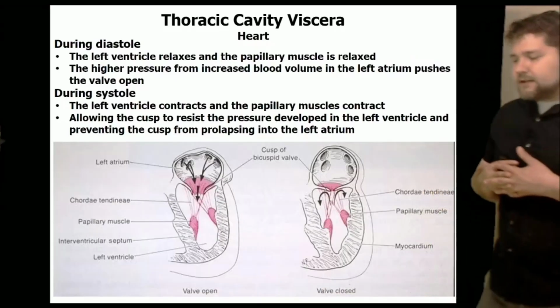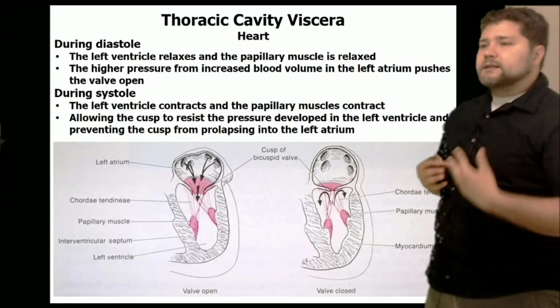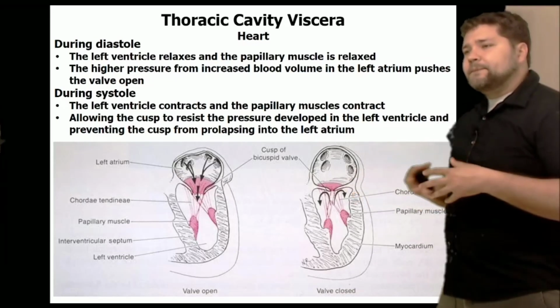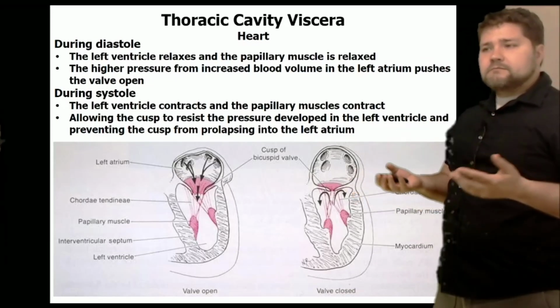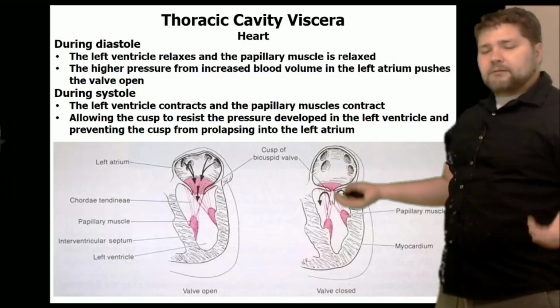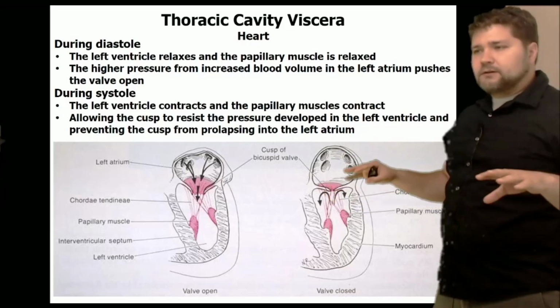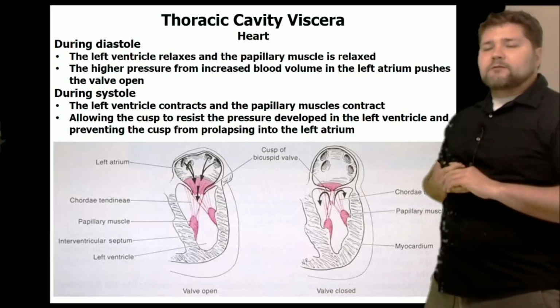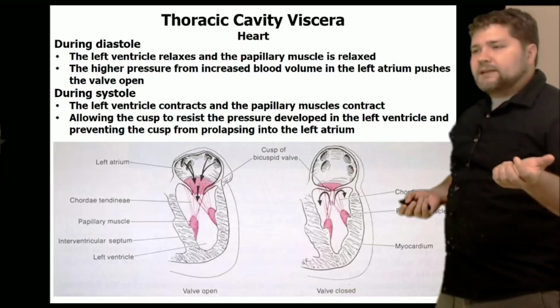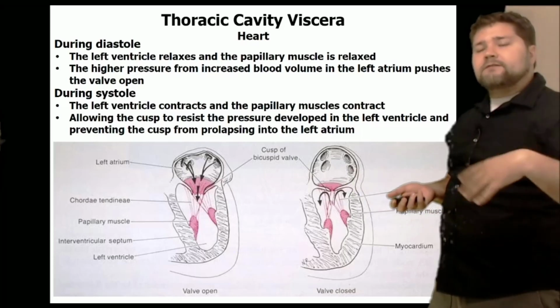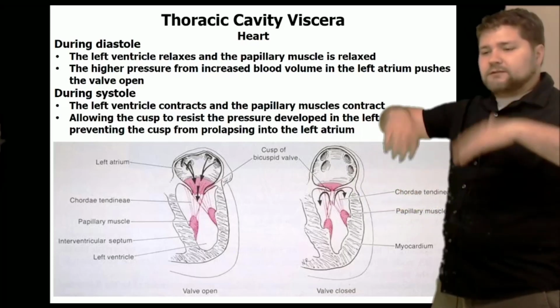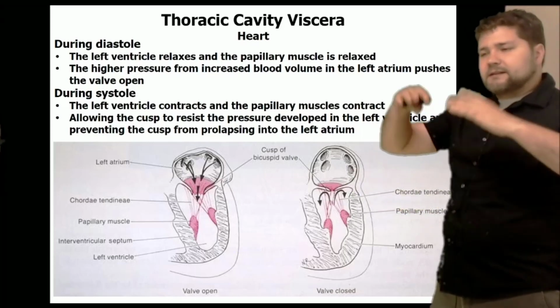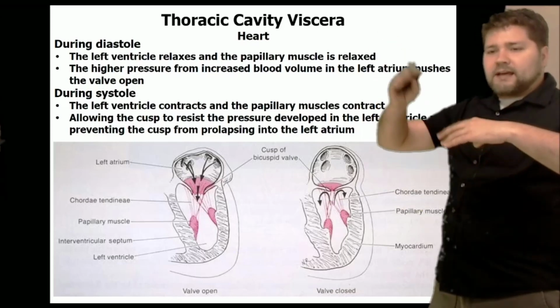So let's take a look at a heartbeat. We already talked about diastole and systole, right? In diastole, the left ventricle is going to relax, papillary muscles are going to relax, everything's just kind of chill. The only pressure is coming from passive pressure in the atrium. And this is going to let the leaflets of the mitral valve, which are really flimsy things, just connective tissue, you can kind of just push them out of the way.